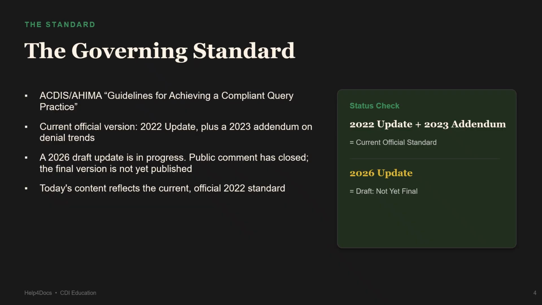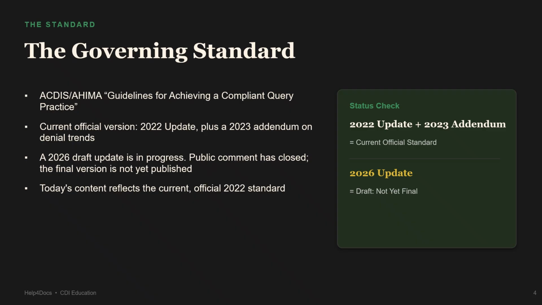So the industry standard for query compliance comes from a joint practice brief by ACDIS and AHIMA. That's the Association of Clinical Documentation Integrity Specialists and the American Health Information Management Association. The current official version is the 2022 update with an addendum added in 2023 addressing denial trends. One thing that's pretty timely as of this recording: ACDIS and AHIMA do have a 2026 update in progress.